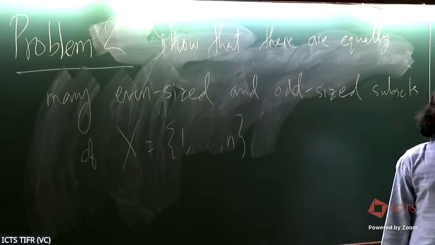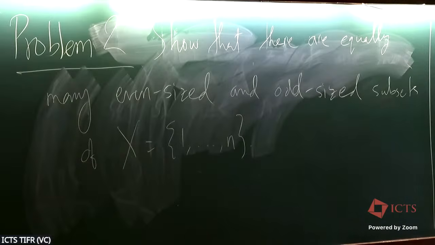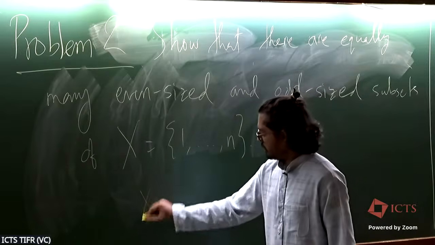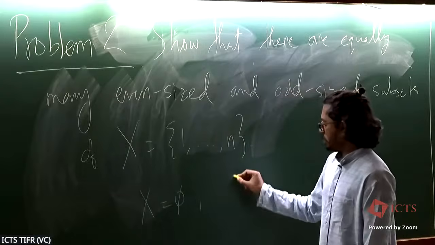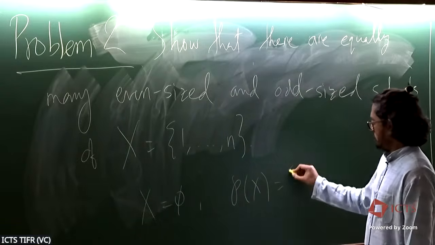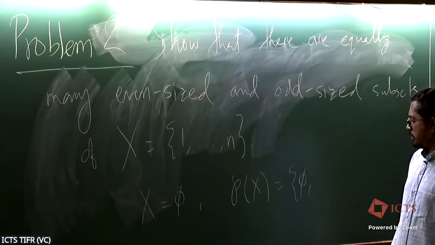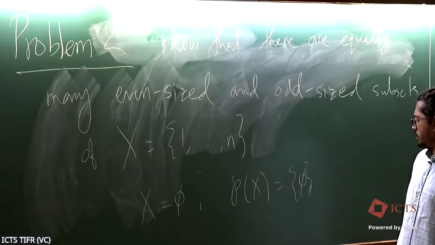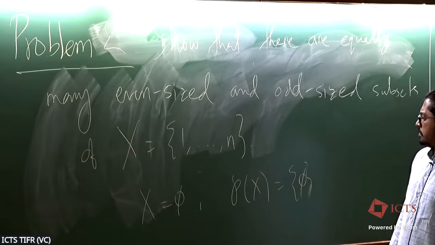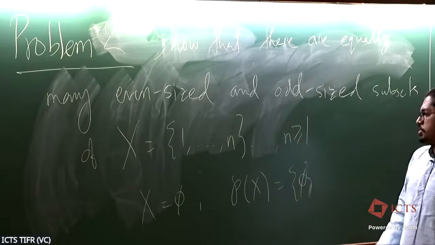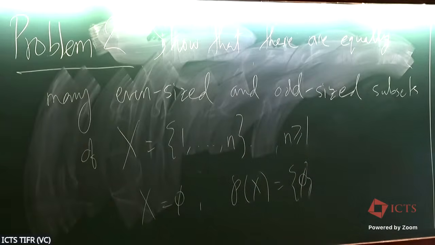So how many subsets are there of the empty set? If X is empty, then the power set of X is the set containing the empty set. Oh yeah, sure, that's right. n is at least 1. Sure. Good. Thanks.